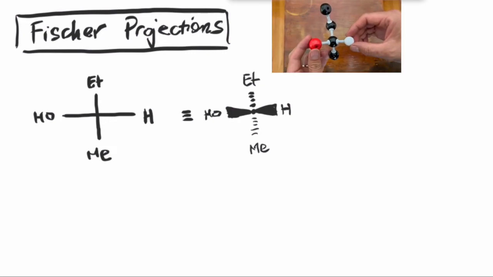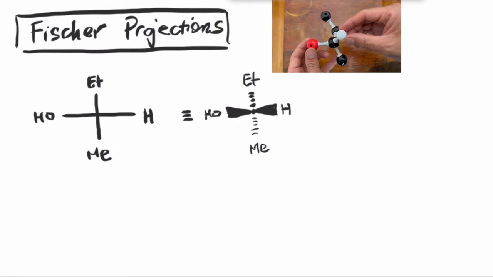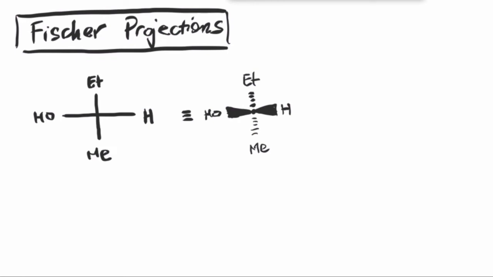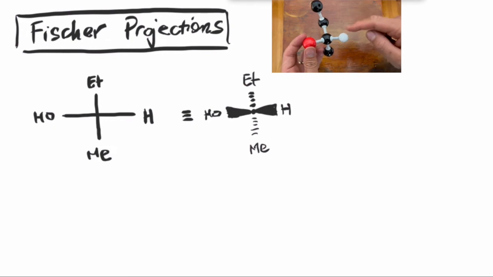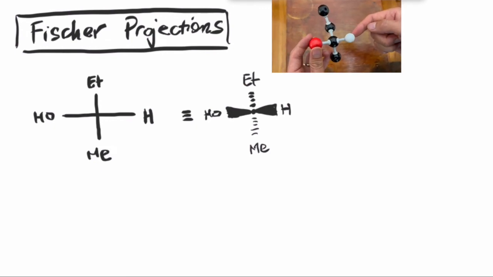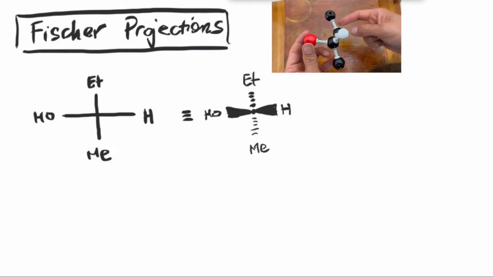So we can twist this molecule like so to make any two bonds to be in plane. Let's do it again. Notice that when we twist that molecule, the bond that is facing us stays facing us. The bond that is going away from us stays going away from us.